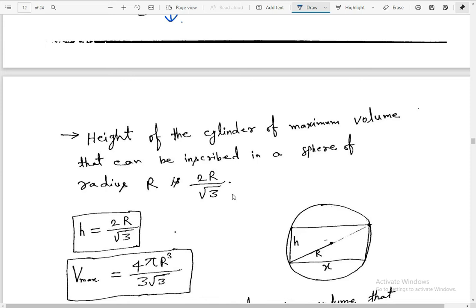This is the upper part of the cylinder, and it is inscribed in a sphere. Actually this is a sphere, and this is the cylinder.